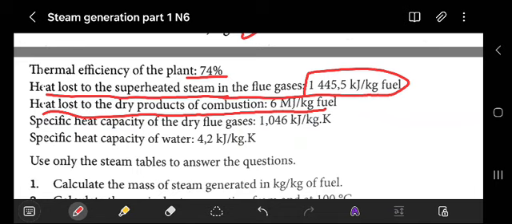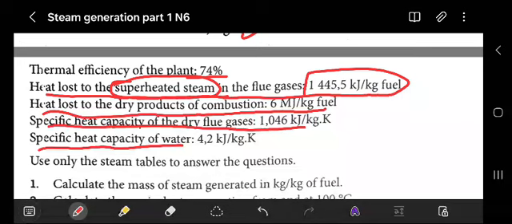Then we have the specific heat capacity of dry flue, the heat capacity of water, heat loss to the superheated steam in flue.